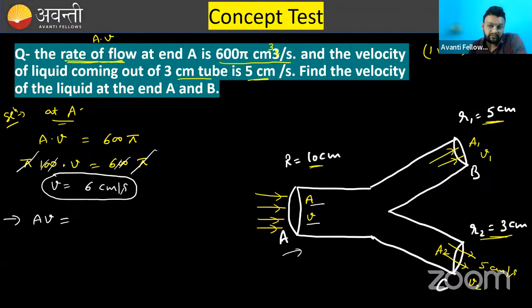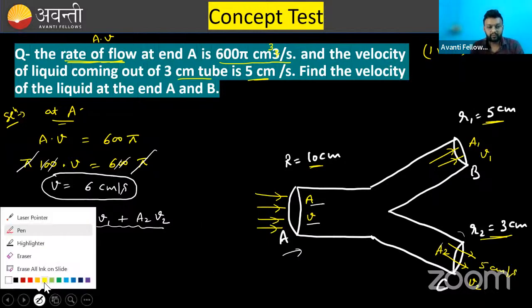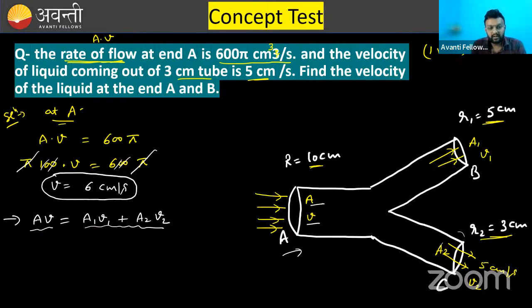Outgoing fluid is coming out from two ends, B and C. So this is A1 V1 plus A2 V2. What is this AV? Rate of incoming fluid. What are these two things? Rate of outgoing fluid. And these two must be equal for the streamline flow.